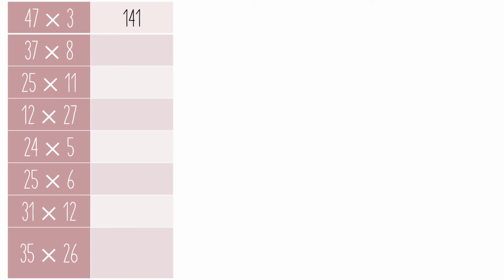Okay, 37 times 8 is 296. We'll try 25 times 11 together. So 25 times 11. So much easier when you have a ruler. Okay, so bringing my zeros down, 2 times 1.